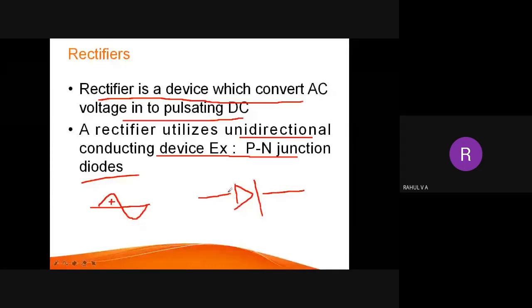This diode will be conducting when it is forward bias, and when it is reverse bias, that is during the negative half cycle, it will not conduct. So that is the property of a unidirectional conducting device. It will conduct current only in one direction. So the rectifier will be having diodes, and with the help of diodes the rectifier circuit will convert AC to DC.